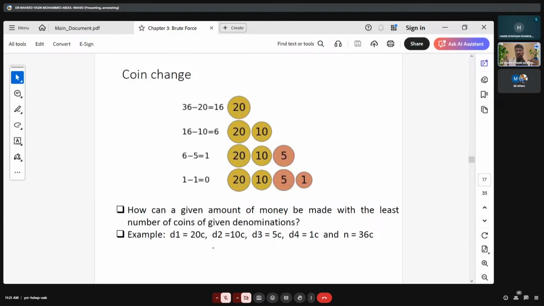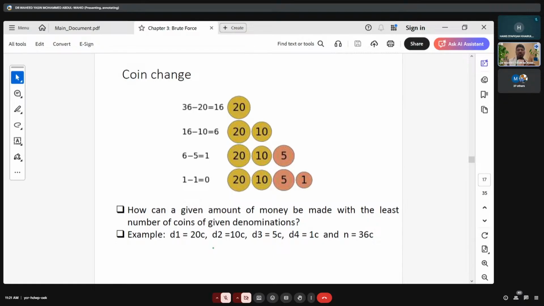If you buy something from me, I want to give you the remaining change. You give me 100, you buy something, and the remaining change is 36. What is the least number of notes that I can give you?